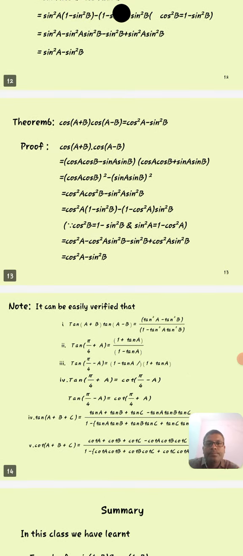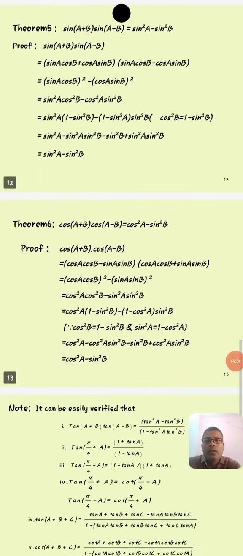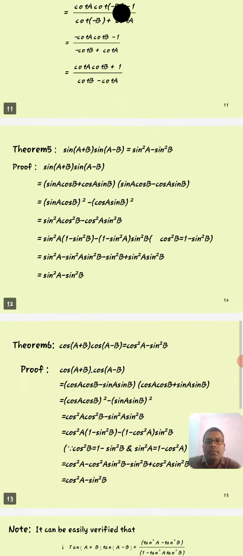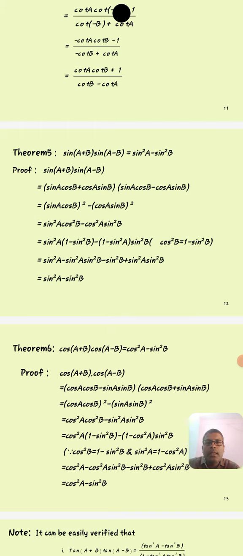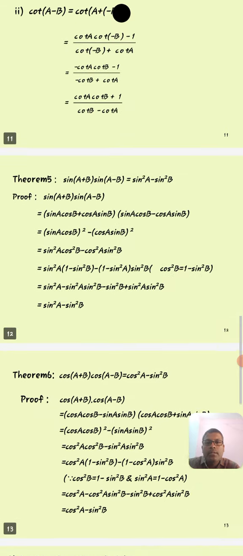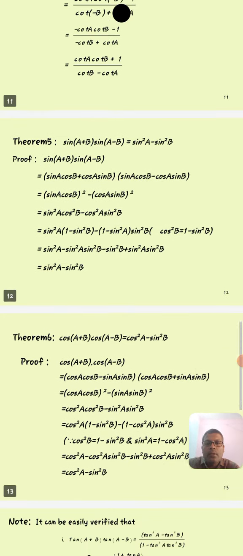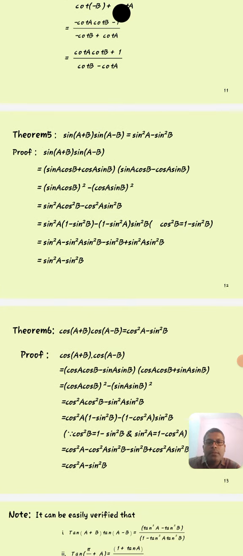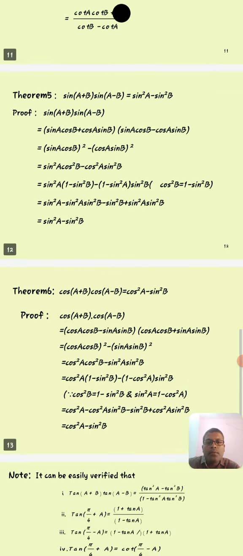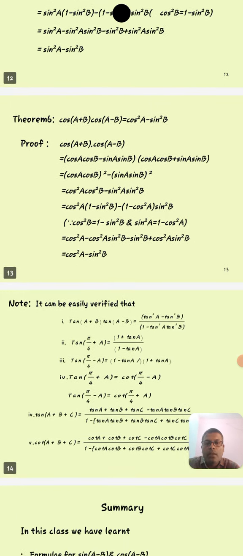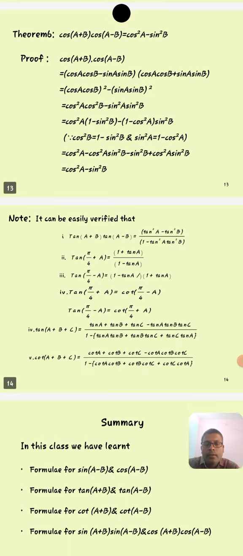Okay. So once again you observe, sin of a plus b into sin of a minus b is equal to sin square a minus sin square b. You see, and cos of a plus b into cos of a minus b is equal to cos square a minus sin square b. Okay.